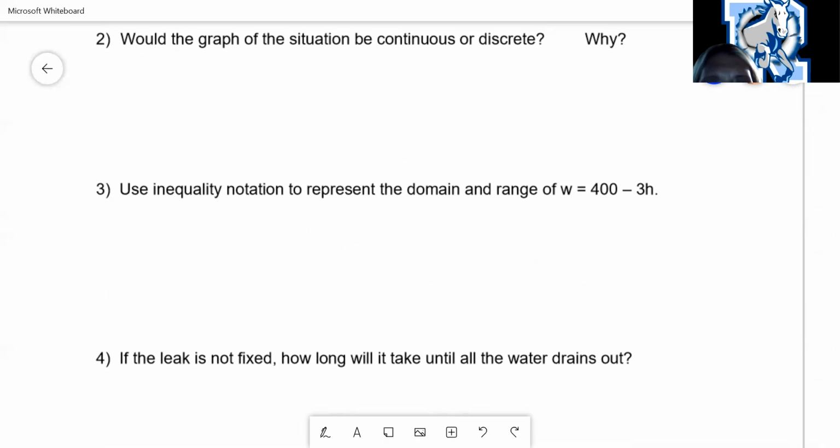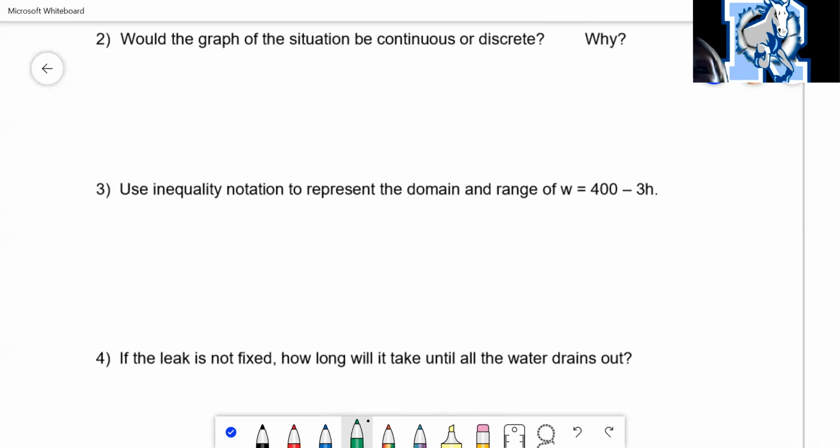Remember, discrete means that we have specific values. The continuous will be all the numbers. Doesn't mean all the numbers ever. It just means that between 2 points, it's every number between those 2 points.